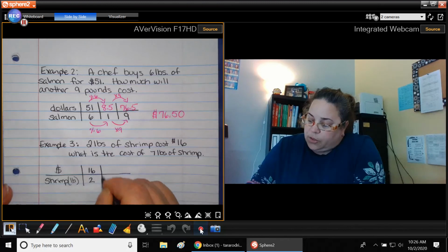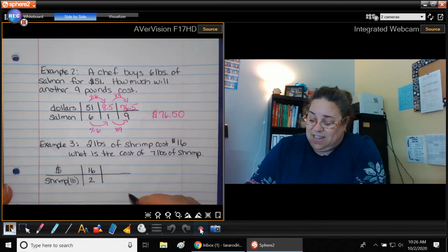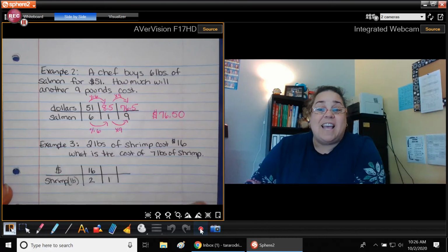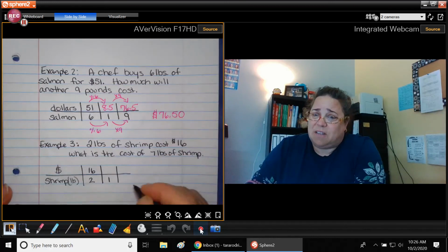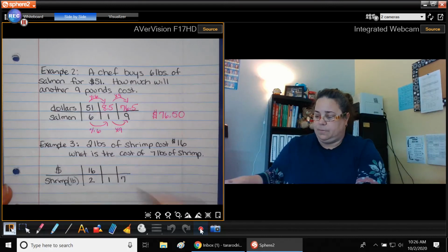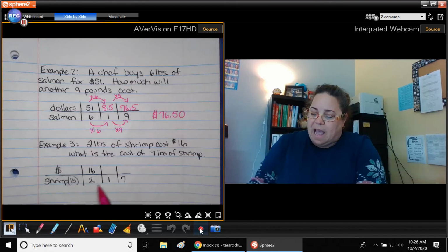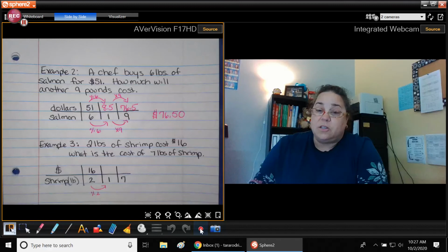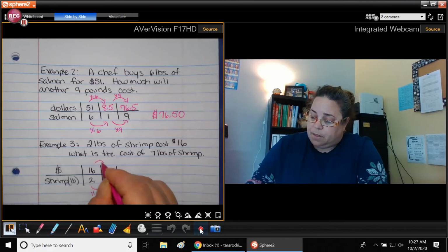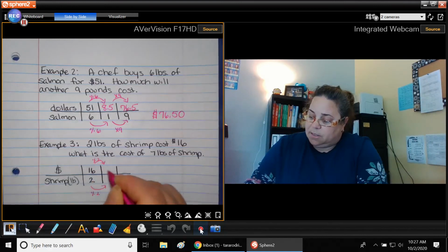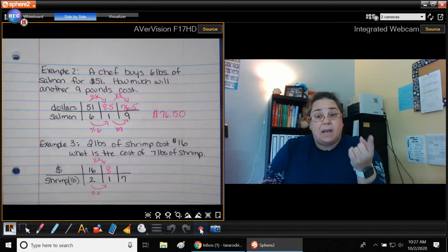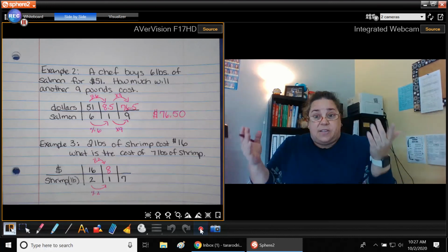And remember, in order to get to 7, I want to find my unit rate. And then I want to find out how much will 7 pounds cost. All right, how do I get from 2 to 1? Divide by 2. So if I do it on the bottom, I do it on the top, and that's going to give me 8. So that means 1 pound of shrimp costs $8.